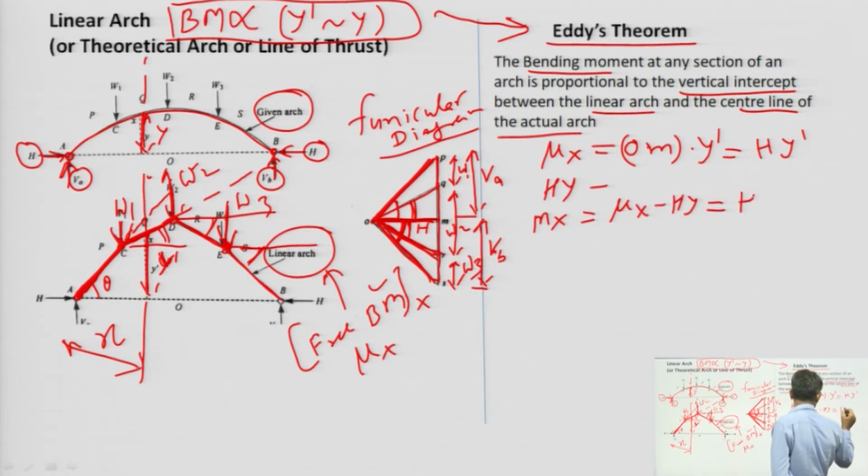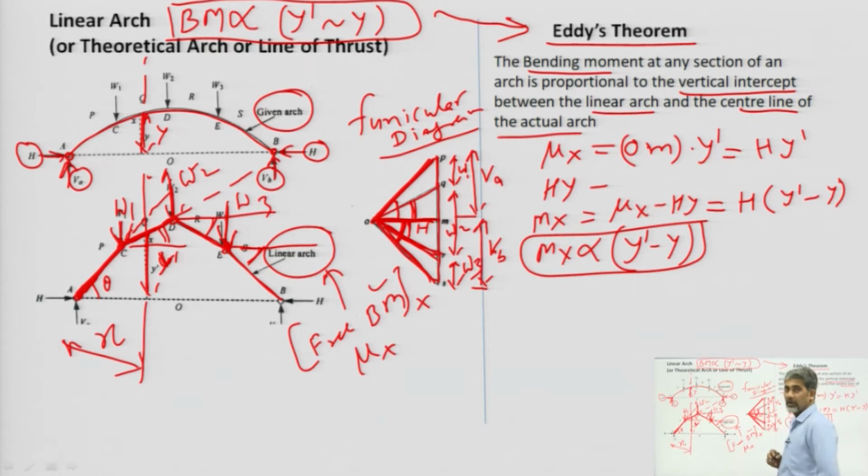Here h is common, so it is h into (y dash minus y). So, M x is directly proportional to y dash minus y. This is the proof of Eddy's theorem.